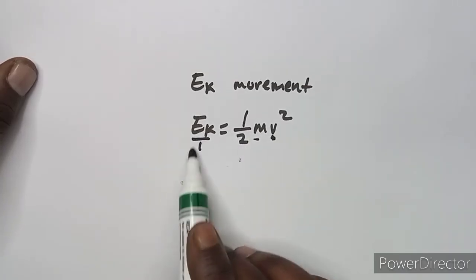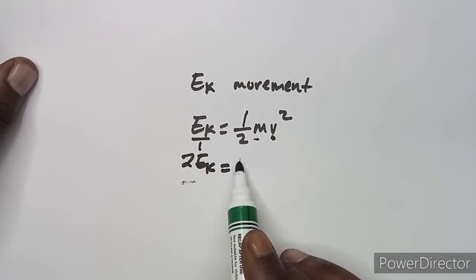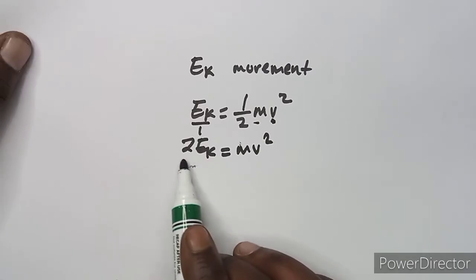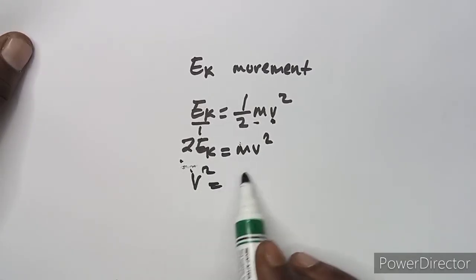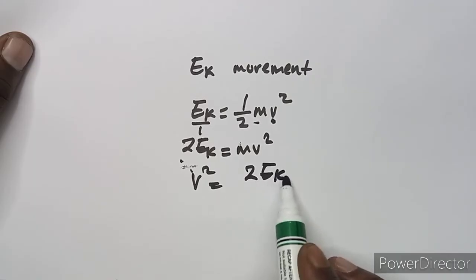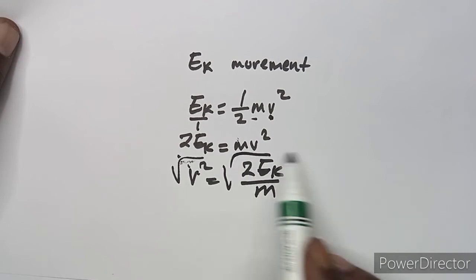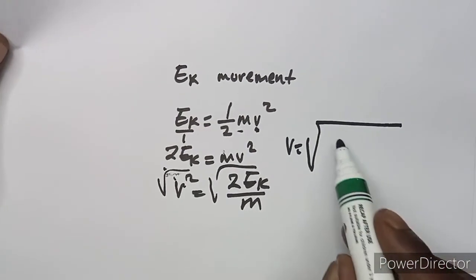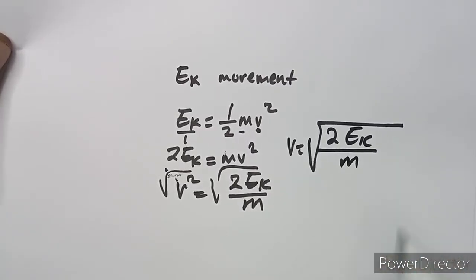I'm going to cross multiply: 2 times Ek, the kinetic energy, is equal to mv squared, divide by m, which means v squared is equal to 2Ek over m. To find v, I'm going to put the square root, so v is equivalent to the square root of 2Ek over m, like this.